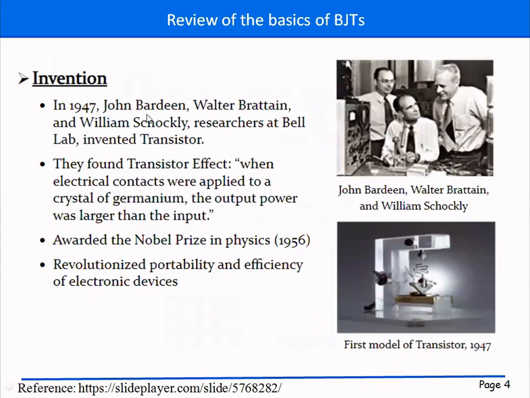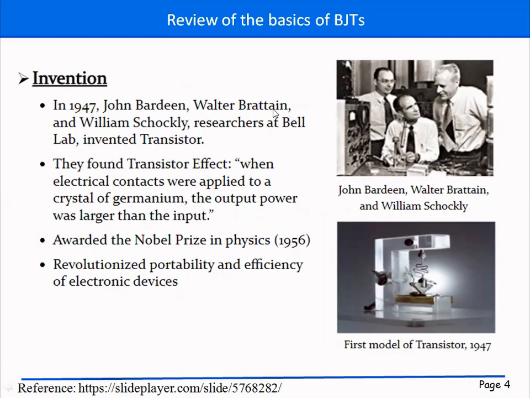Now we can look at the history of the transistor. The transistor was first invented at Bell Laboratory in 1947 by three scientists: John Bardeen, Walter Brattain, and William Shockley.